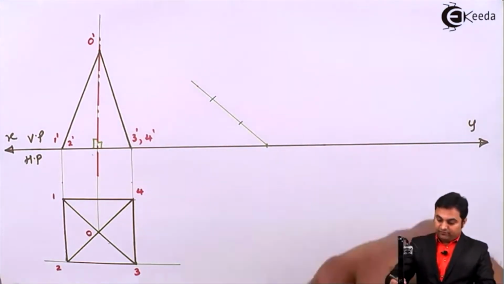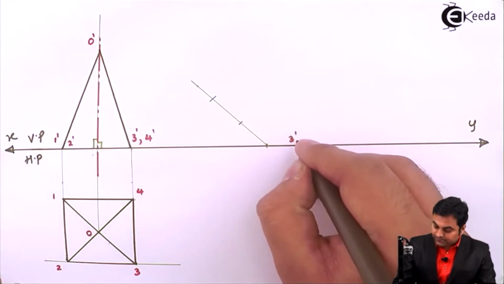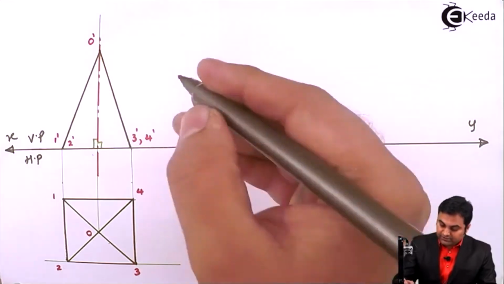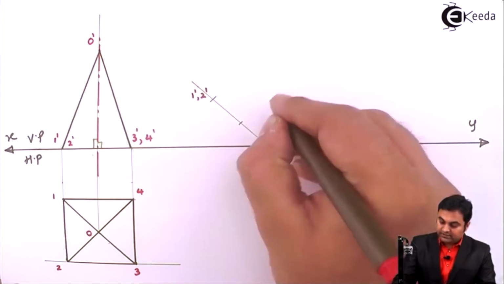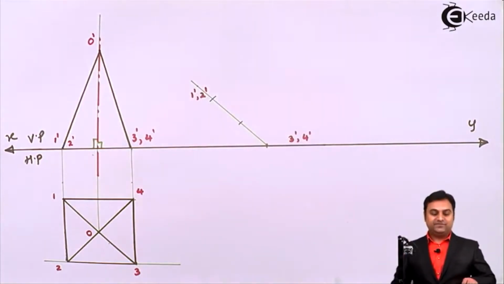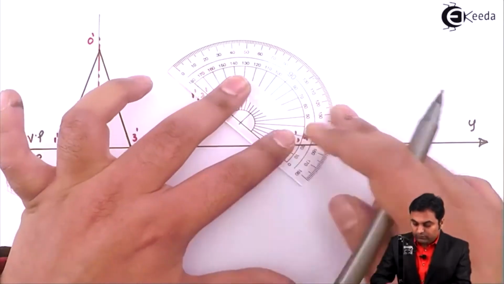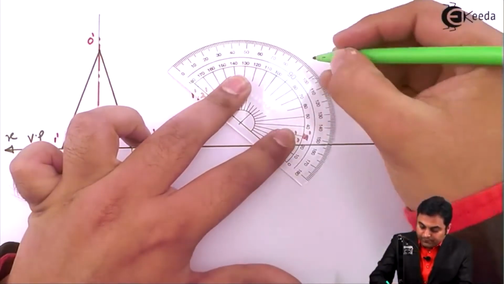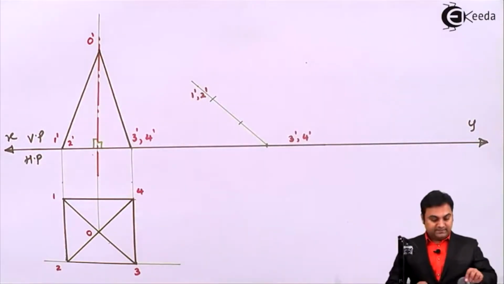So here we have, this is point 3 dash comma 4 dash. This is 1 dash comma 2 dash, and this line indicates the axis. So keeping a point here and drawing a 90-degree line which will be for the axis.